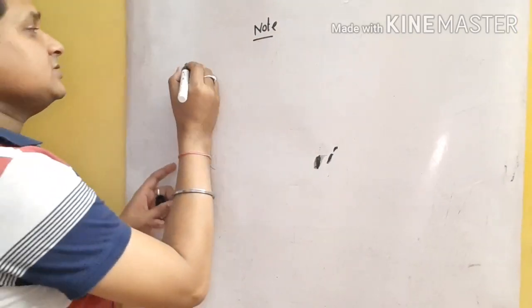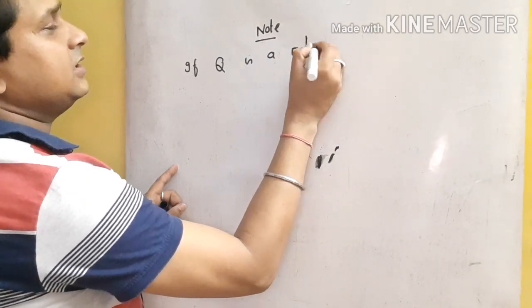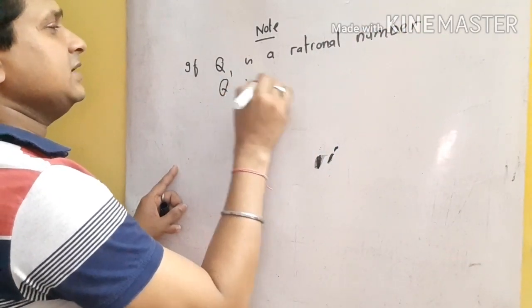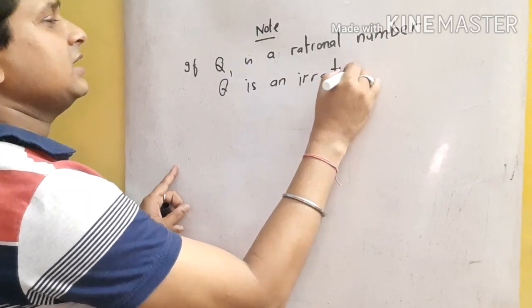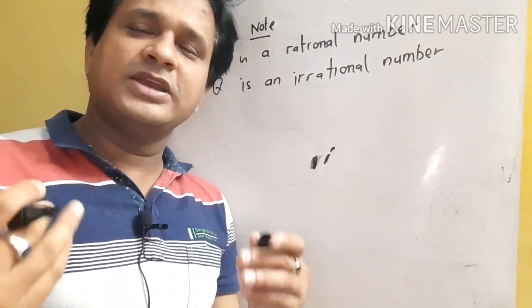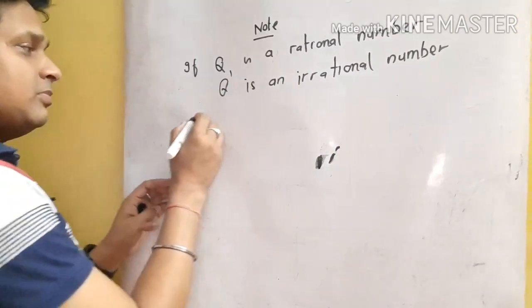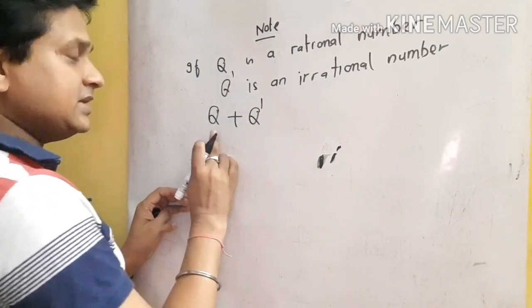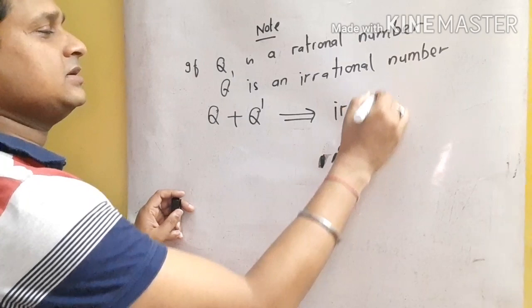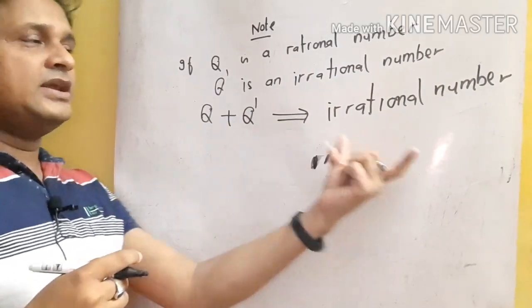If q is any rational number and q dash is any irrational number, then q plus q dash, the sum of a rational number and an irrational number, is an irrational number.